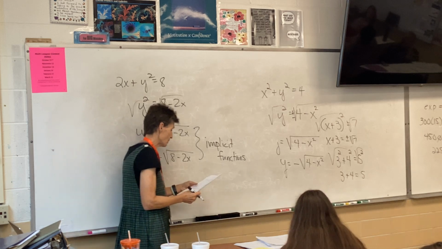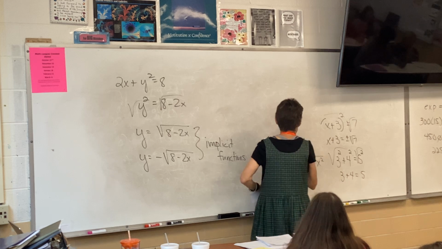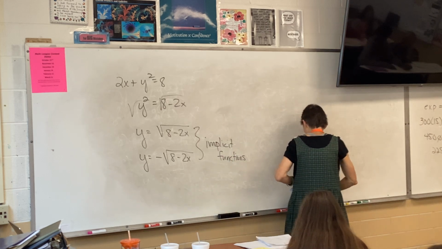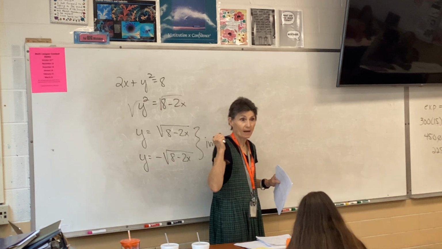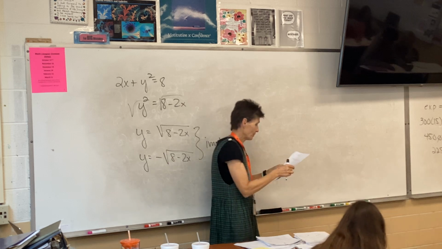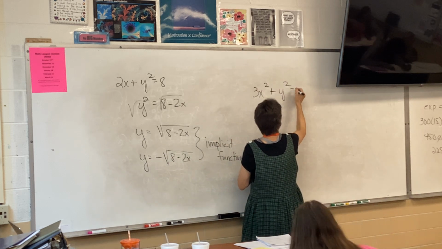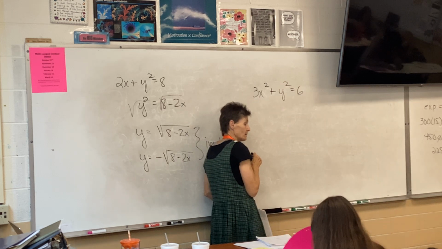All right, let's see what shape we've got in C. So if you're keeping track, A was a circle. I'm not going to quiz you over that or anything, but A was a circle. B was a sideways parabola. I wonder what C is. So we're going to get our implicit function.